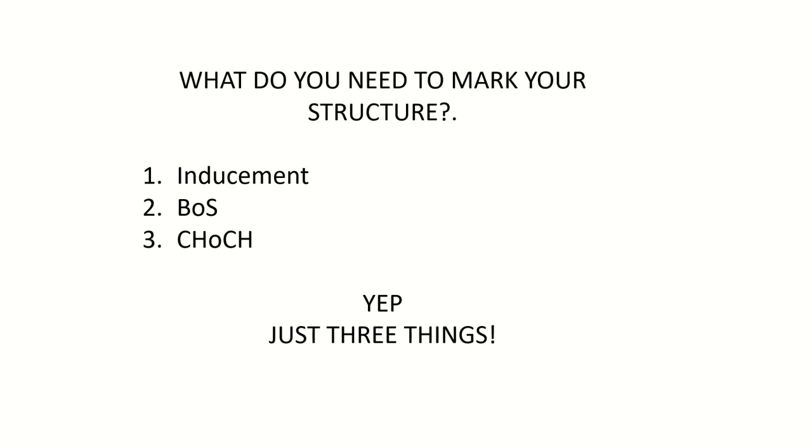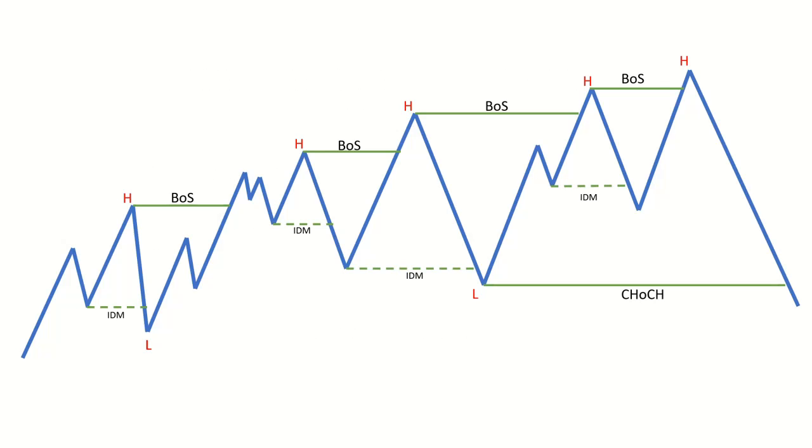And that's how you should mark your structure. I know it first looks like an introduction to calculus, but don't get discouraged. This will be very straightforward when we look at a real chart.